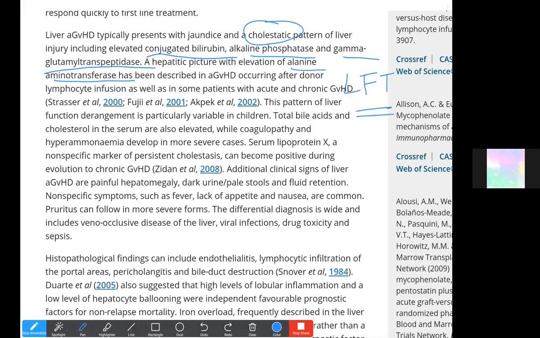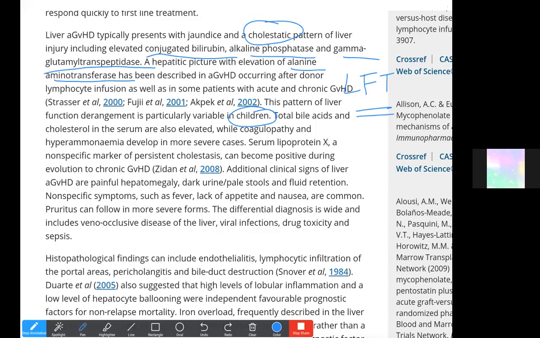So this is the part where they mentioned this difference between adults and children. It has been described that acute GVHD can occur after donor lymphocyte infusions, and this can occur in patients with both acute and chronic GVHD.